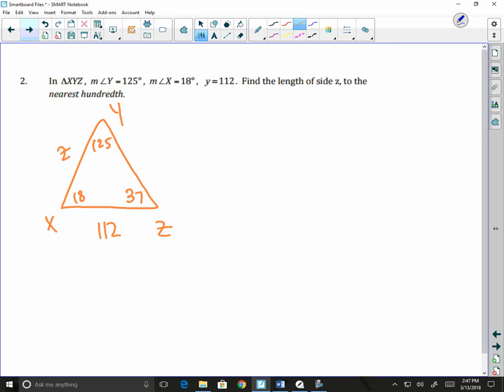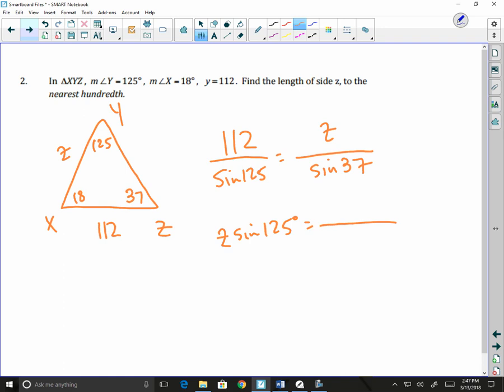So I see a matching pair of 112 over the sine of 125. I see a matching pair of Z and the sine of 37. So I have Z sine of 125 is equal to 112 sine of 37.